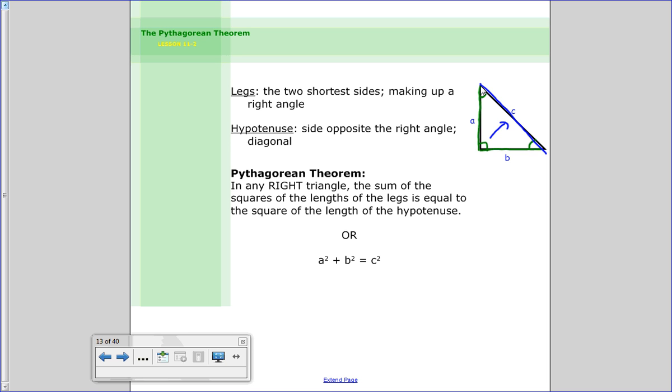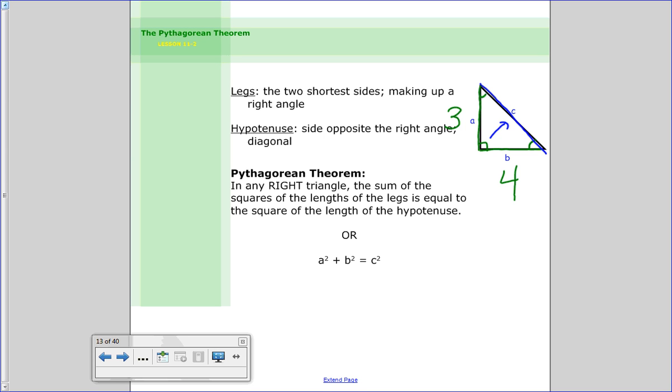So say, for example, here, if this number was 2 and this number was 3, actually, I want to switch that on you. We're going to go 3 and 4.